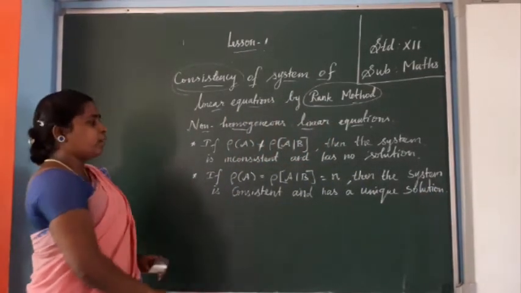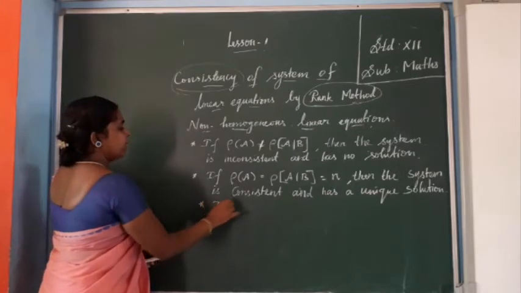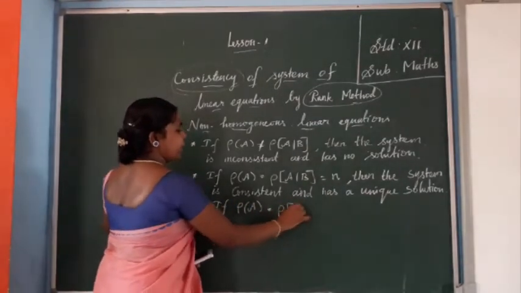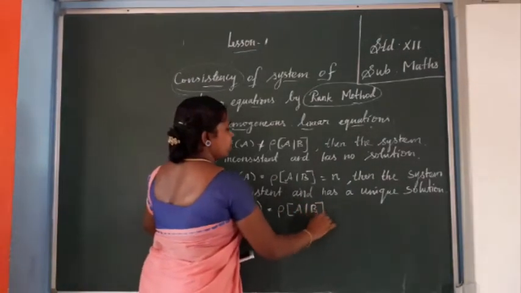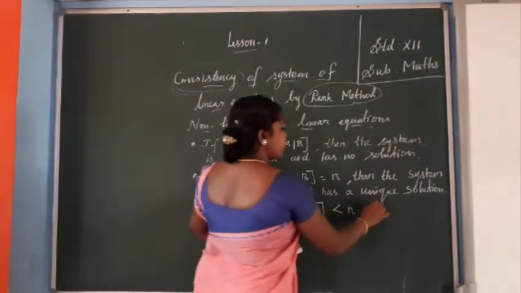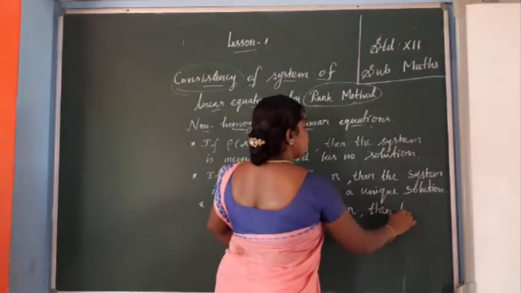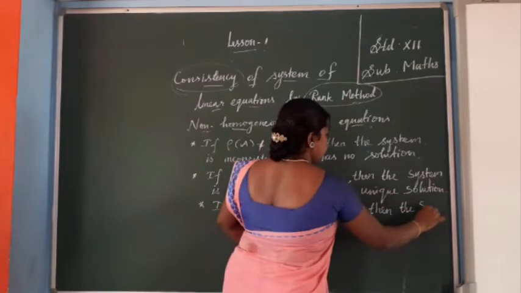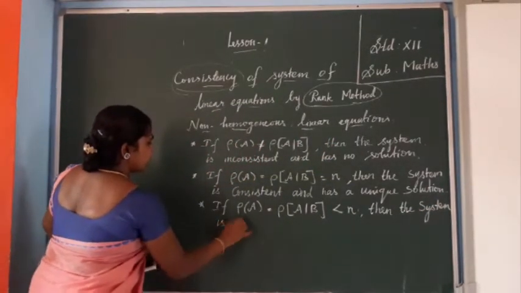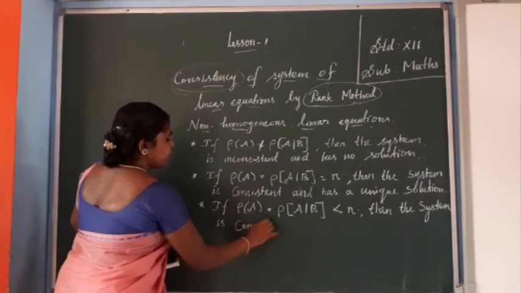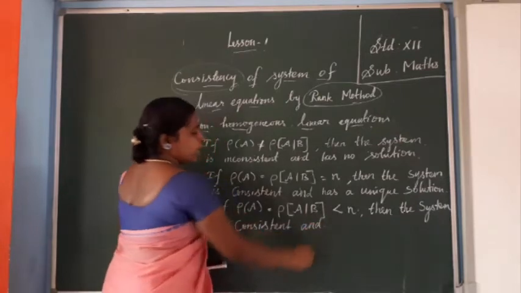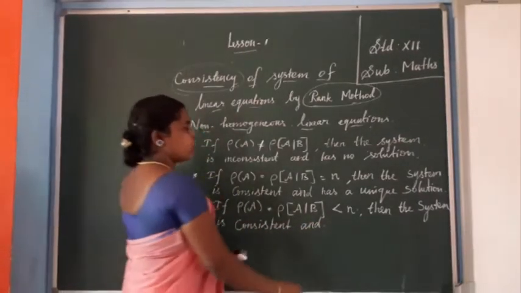Next, the third one is if rank of A equal to rank of AB but it is less than the number of unknowns, then the system is consistent and has an infinite number of solutions.